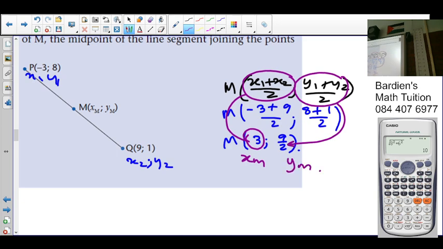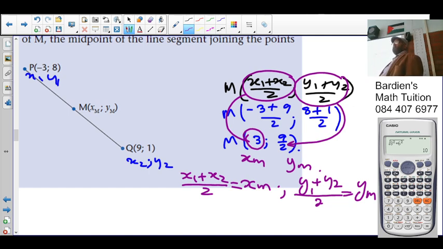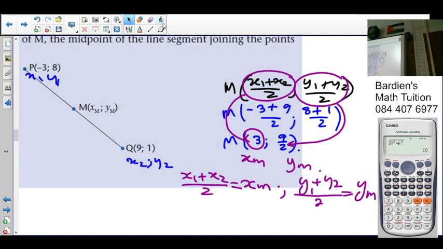So from that deduction, we can deduce that x1 plus x2 over 2 is equal to x mid, and y1 plus y2 over 2 is equal to y mid. You with me there? Now with that information, I'm going to the next sum.